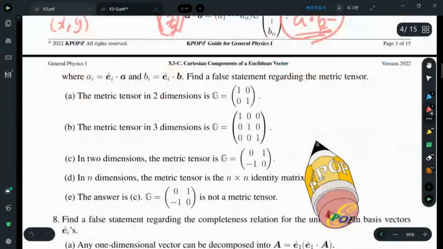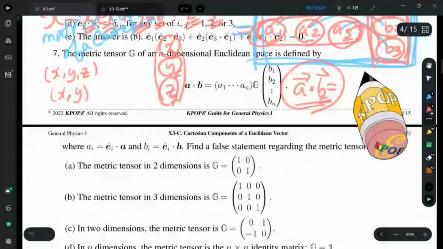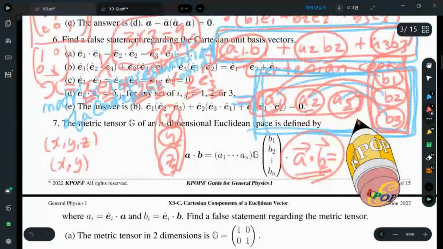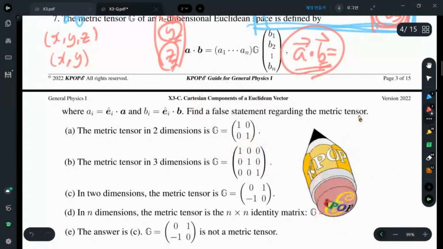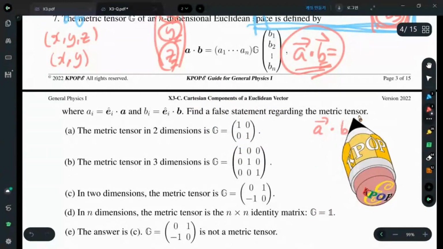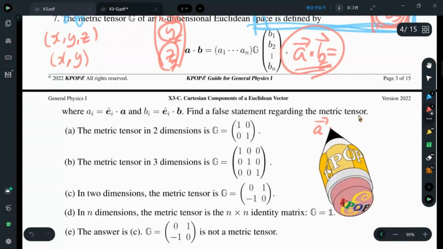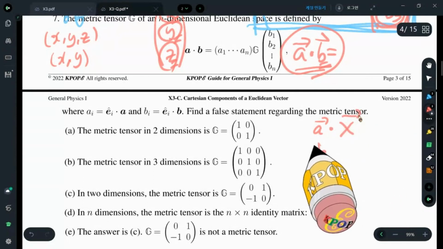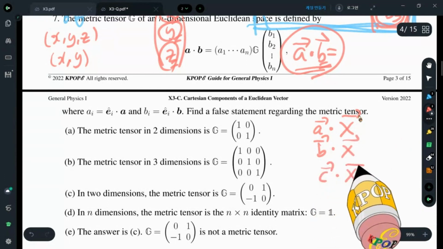All right. So this is the beginning, and this one can be extended to matrix multiplication. For example, I have A dot some vector, B dot some vector, C dot some vector.